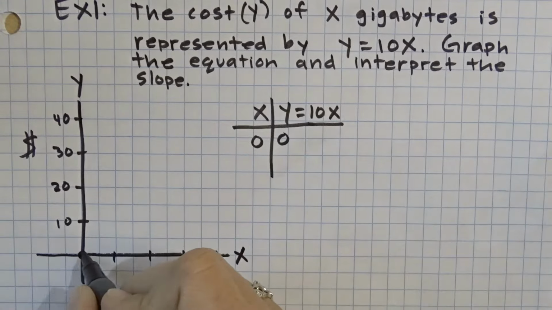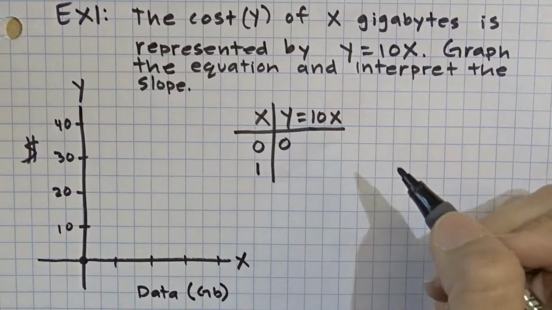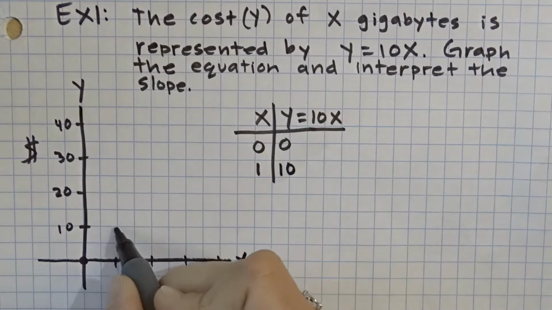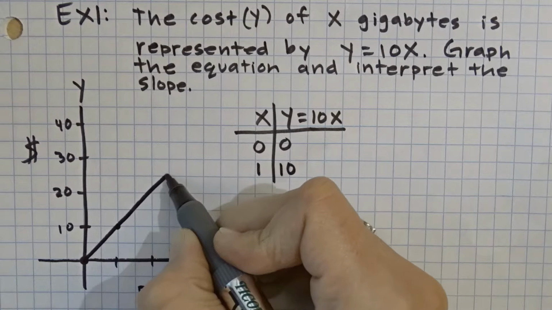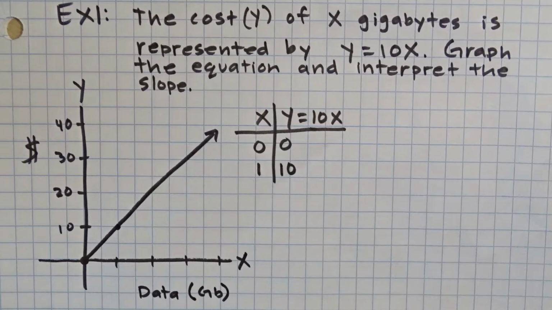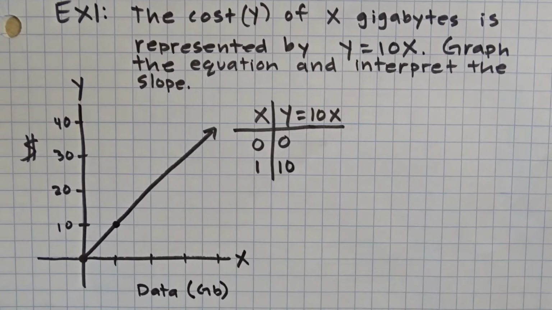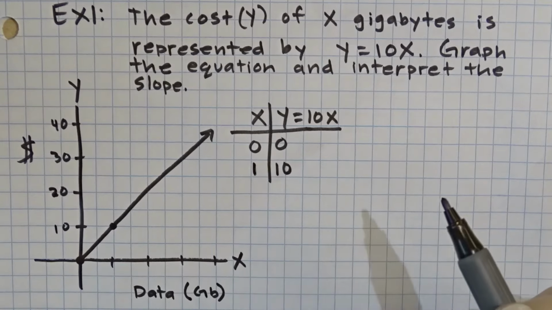That's this point here. 1, 10 times 1 is 10. So 1, 10 is on my graph. If I continue, that's what it would look like. A straight path through the origin. So we already know it's proportional. We have a constant rate of 10.